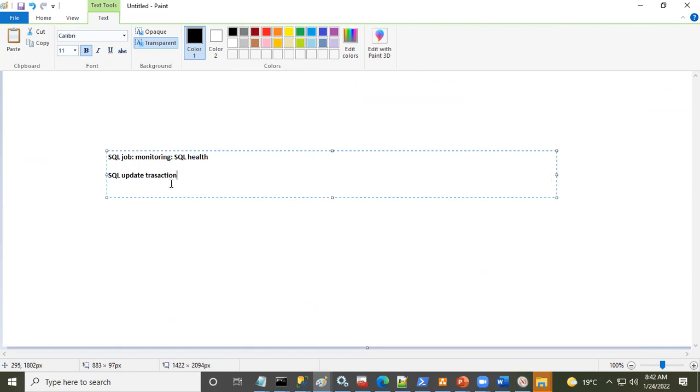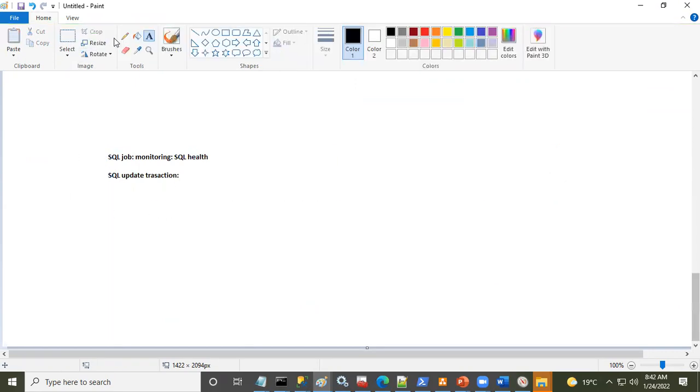And every time a deadlock happens, your update transaction is killed. If your update transaction is killed, what will happen? It is an interruption to your users, and it will go for rollback and all. It takes longer. What I want, instead of this, is for this other one to be killed.